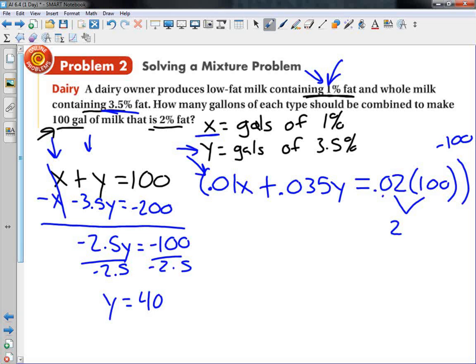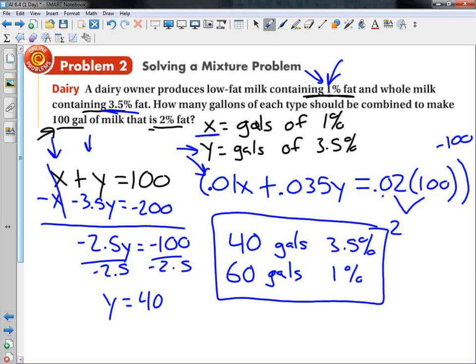So if I have 40 gallons of 3.5%, that must mean, since I have 100 gallons total, 60 gallons of 1%. And that's how you do a mixing problem.